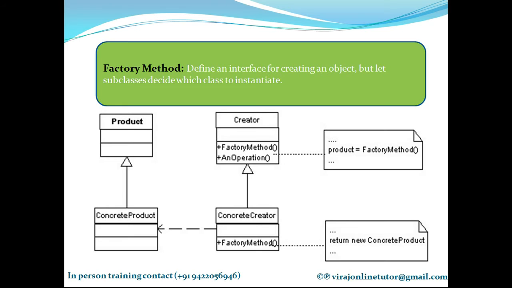That means I create an interface for creating an object. The interface is an abstract class in C++ which you cannot instantiate, since it is abstract. Similarly in Java, you cannot instantiate an interface. So you define an interface just for creating an object.